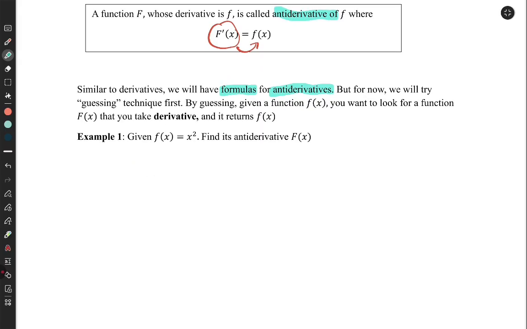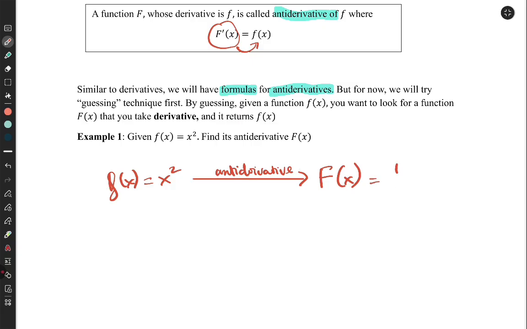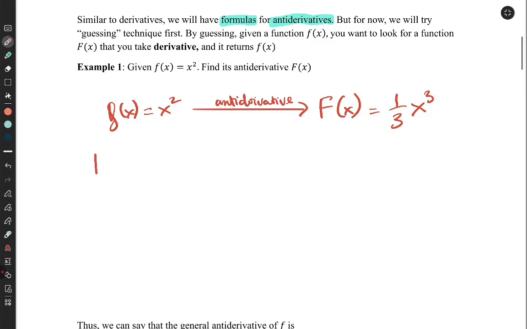So the capital F, the antiderivative: f of x equals x squared, then the antiderivative is 1/3 x cubed. For now, I'm going to write as much as possible so you can see. Why is that?